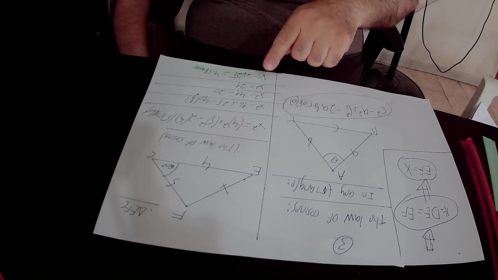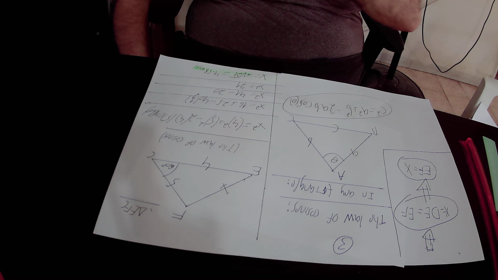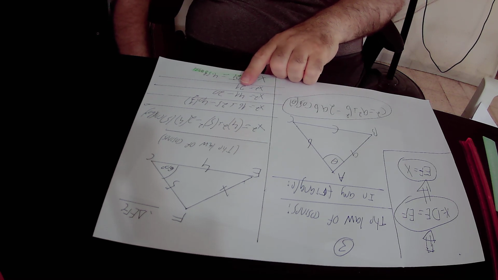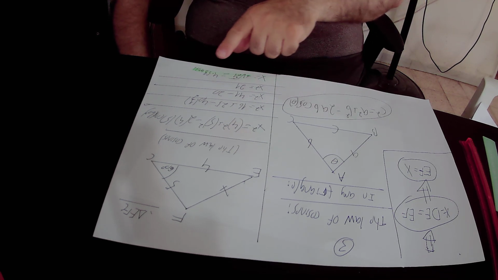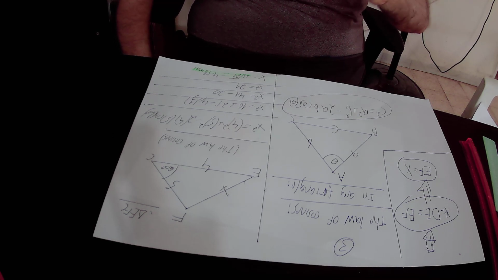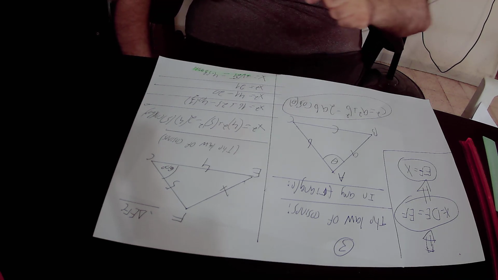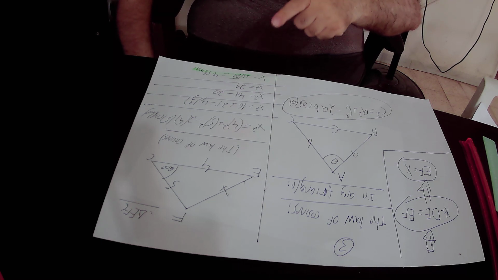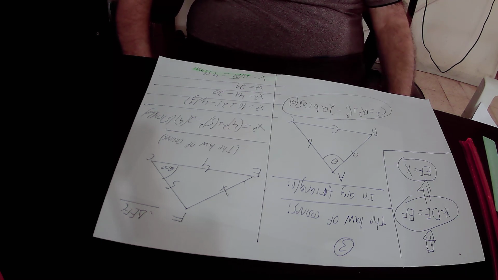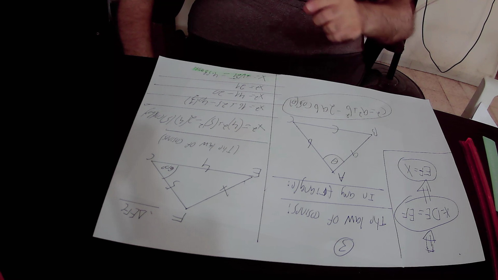Here x squared equals 16 plus 25 is 41, and minus 40 over 2 is minus 20. So x squared equals 41 minus 20, which is 21.